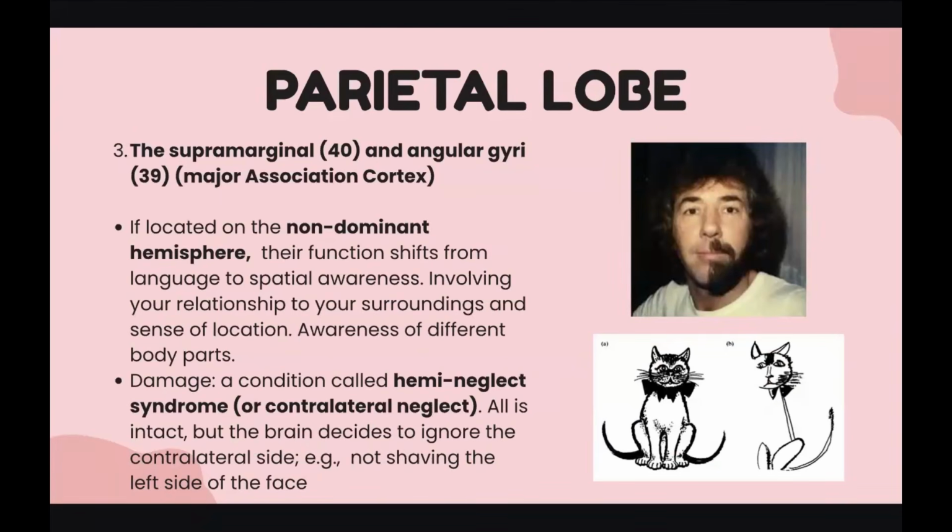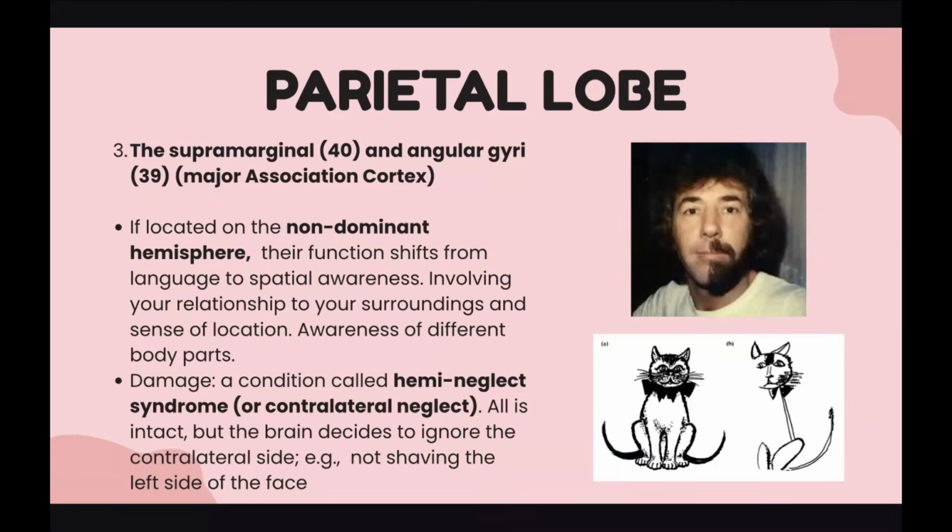So basically, if this area were damaged in a patient's right hemisphere, it will affect their left. They will neglect their left side completely, as in if they were to shave their beard, they will not shave the left side.